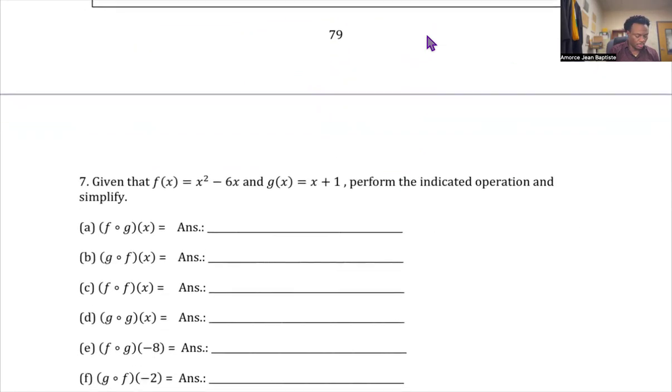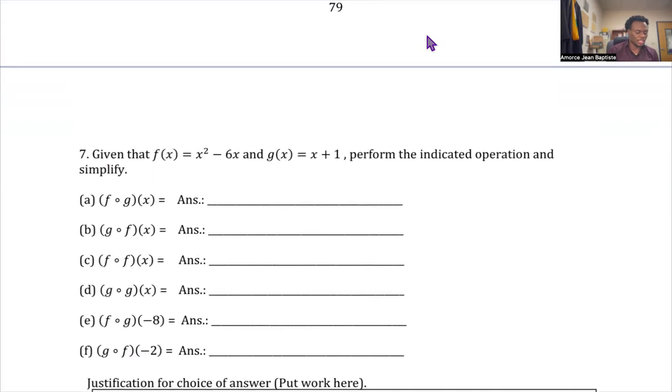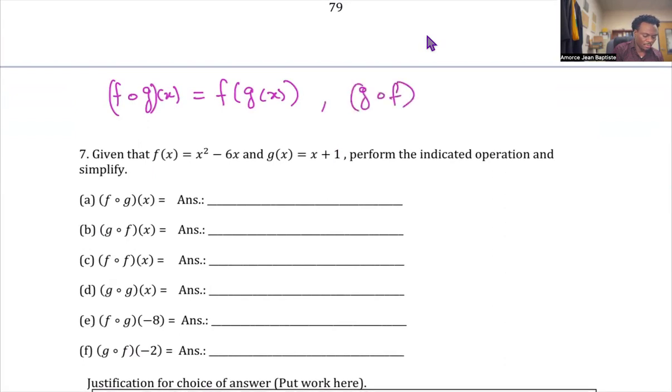Next example here will be about composition of functions. We talked about that earlier. If I have f composition g of x, that means f of g of x. G composition f of x is plugging f of x into g of x every time you see x.